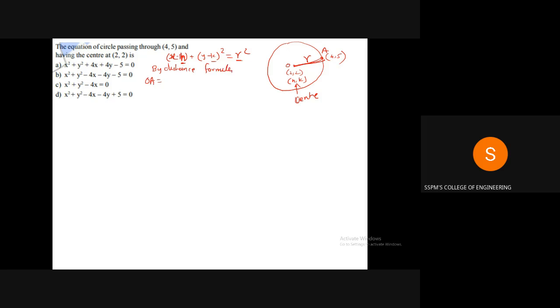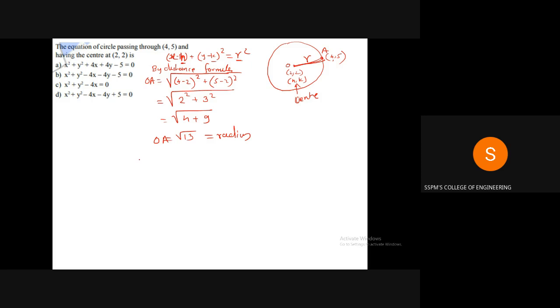OA is equal to the root of (4 − 2)², the square of the difference between x coordinates, plus the square of the difference between y coordinates, that is (5 − 2)². So it is the root of 2² + 3², that is 4 + 9, which is the root of 13. So OA is equal to root of 13, and that is our radius.